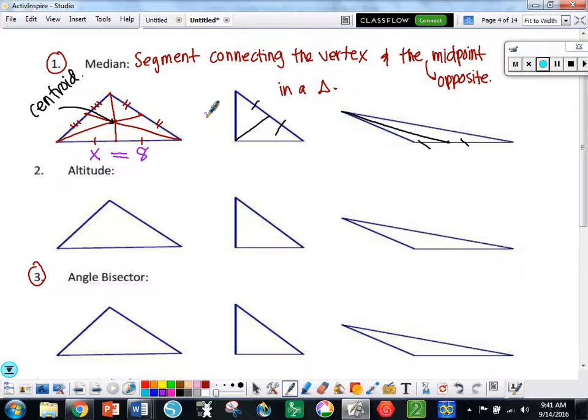Notice this one has 1 tick mark, these ones have 2. That means these 2 are equal, but they're not equal to that one. Okay? Alright, so if I were to highlight kind of the key word in the definition, what would it be? Segment connecting the vertex and the midpoint of the opposite side. What's the key word here? Midpoint? Is that alright?